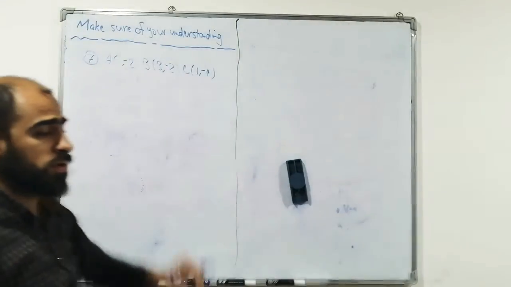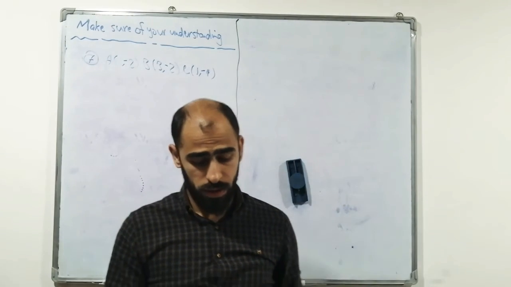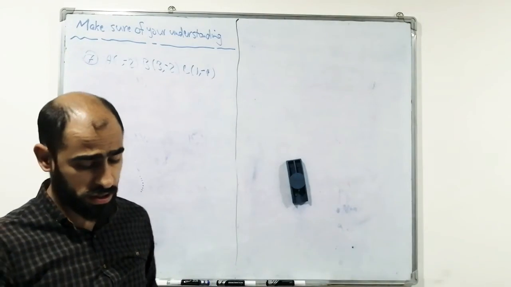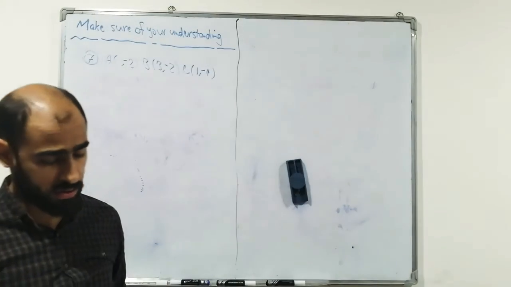These are vertices of a triangle. Since we have 3 points, the shape will be a triangle. Find the rotation by 90 degree clockwise about the origin.